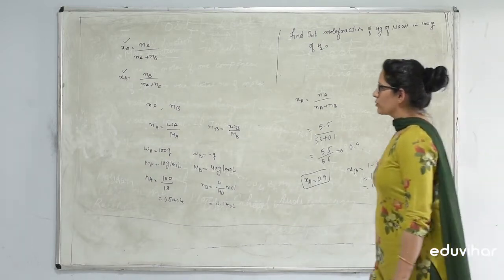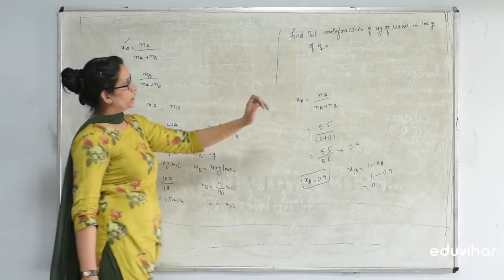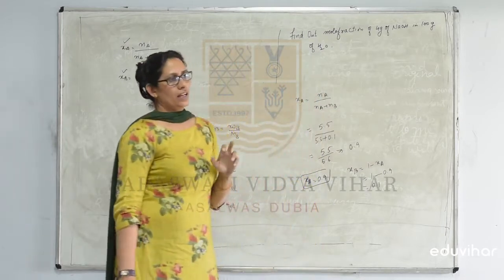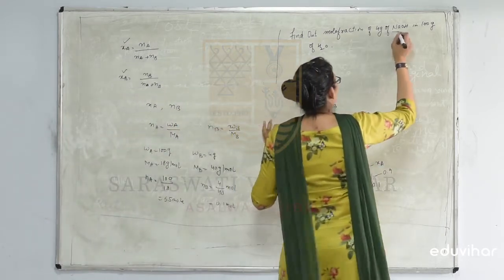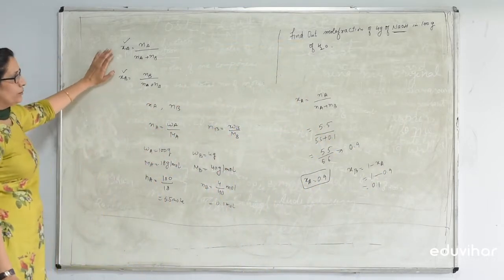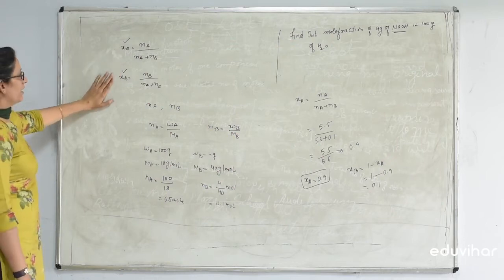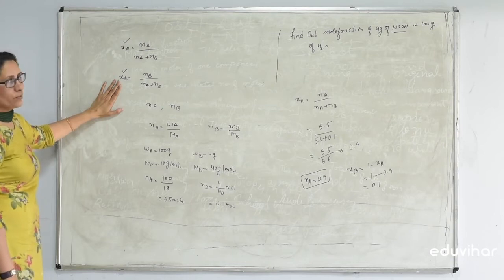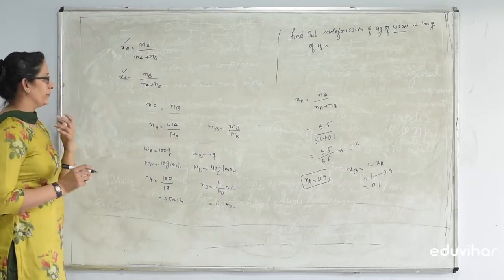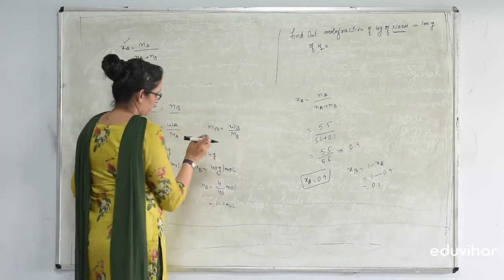I am again repeating the question. You have to find out the mole fraction of 4 gram of NaOH in 100 gram of water. I have to find out the mole fraction of solute. To find it, first we have to be clear about the formulas. XA is equal to Na upon Na plus Nb, and XB is equal to Nb upon Na plus Nb. First we have to find out Na and Nb. Na is equal to Wa upon Ma, and Nb is Wb upon Mb.